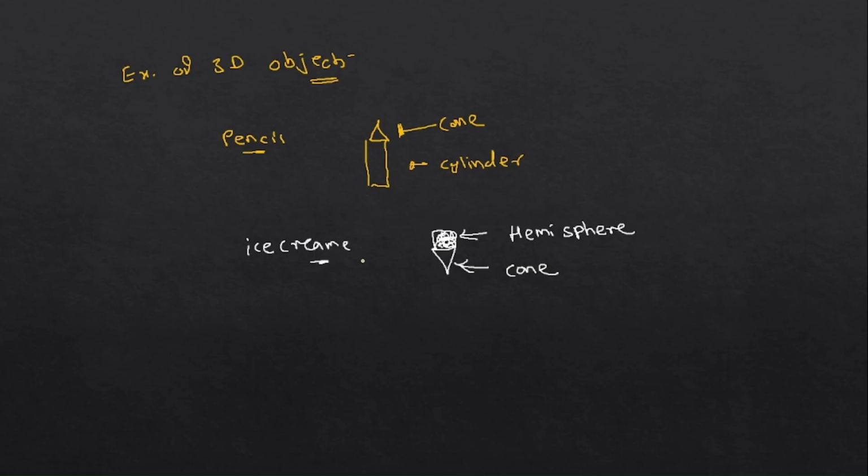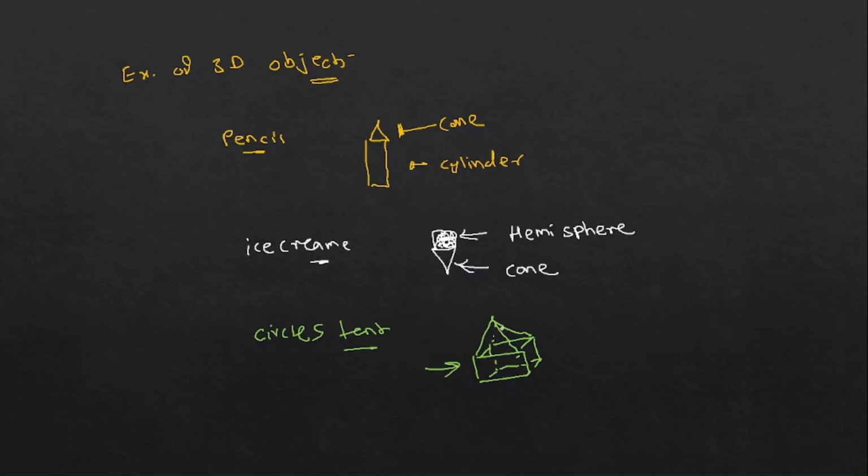The next one is a circus tent. If you look at the circus tent, it will look like this. On the bottom there will be one shape, and on top there will be a prism. Such a tent will be there, a circus tent.